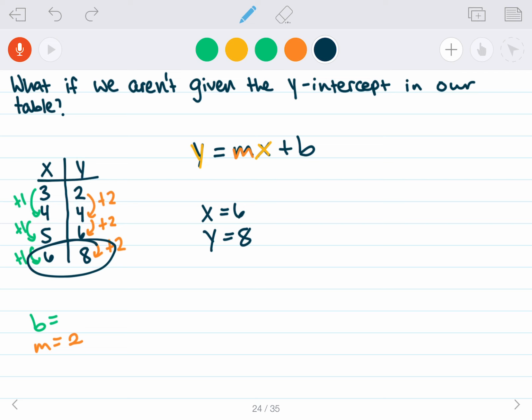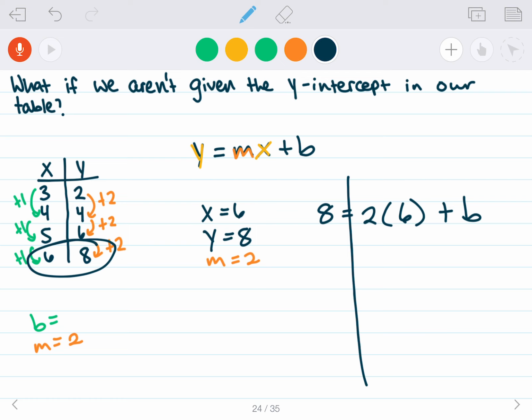Just pick one of the points. So we know this. We also know from what we just found that m is equal to 2. So if I replace these things in this basic form, I get y is 8, m is 2, so we have 8 equals 2 times x is 6 plus b.